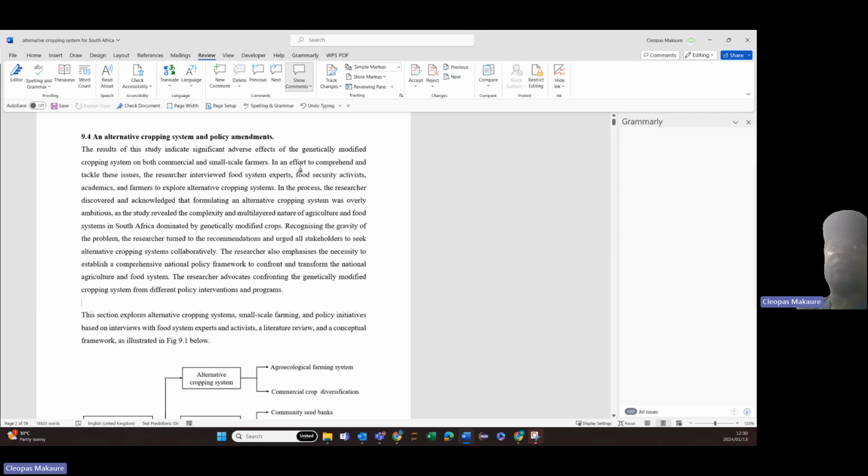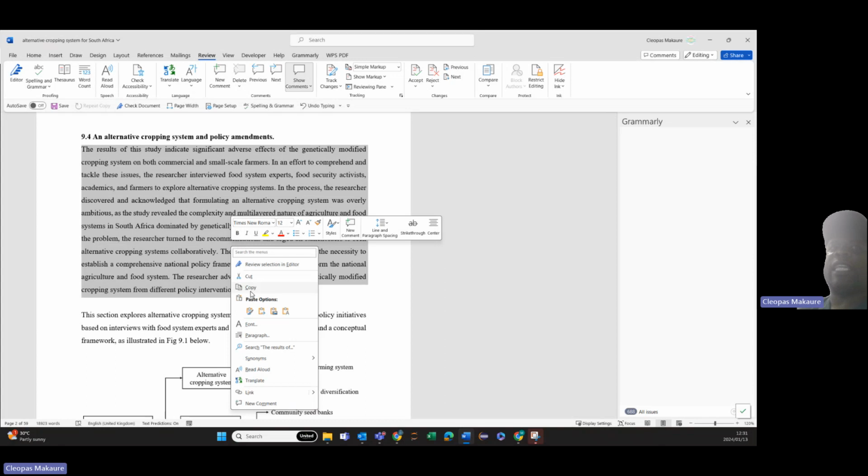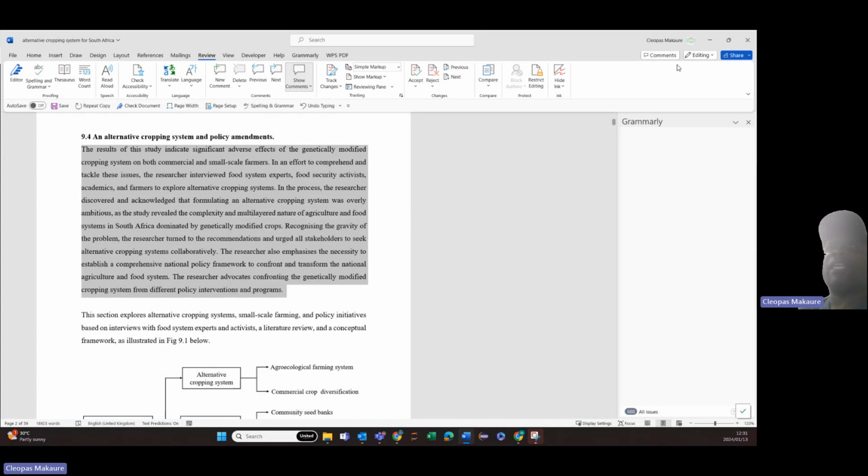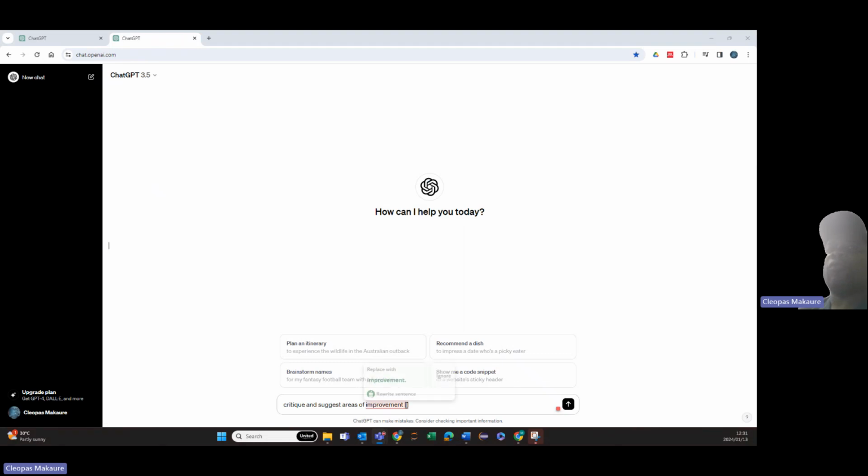So this is the paragraph that I have written myself. It's more of an introduction of what I am going to write in the next few pages. So I've written this paragraph, and I want to copy it and paste it to ChatGPT so that it can critique the paragraph for me, and it can also suggest some areas of improvement.